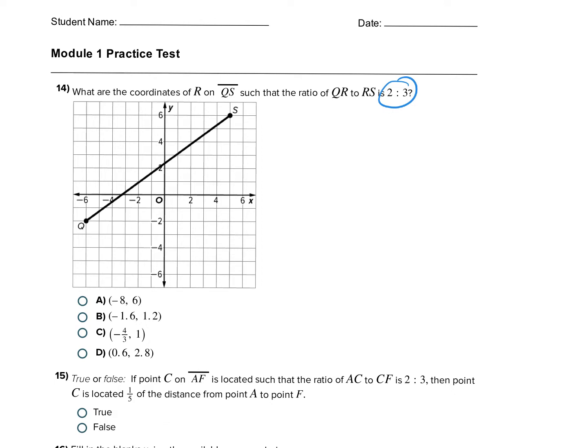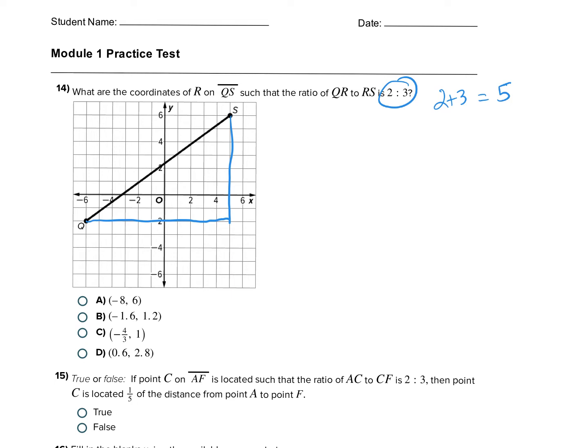What we did, if you remember, is that we added the sum of the ratio to tell me exactly how many congruent units I was going to break each segment into. So when we're on the coordinate plane, we're going to do the same thing, but of course I have to do it twice because I have a length along the y-axis and a length along the x-axis.